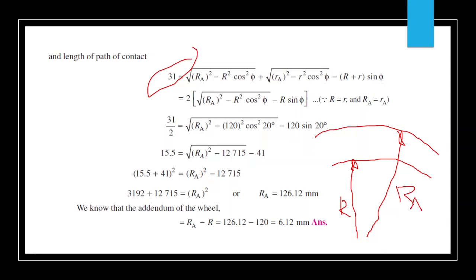The distance between these two is equal to the addendum. So the addendum of the wheel is equal to capital Ra minus capital R, that's equal to 126.12 minus 120, which is equal to 6.12 mm. This is the answer for the first question.